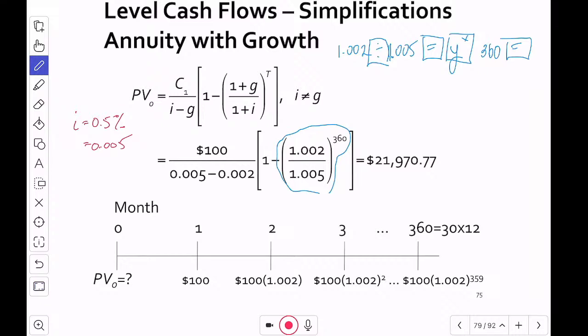Then I'm going to change the sign to make it a negative, and I'm going to add 1. And I'm going to say equals again. Then I'm going to multiply by 100.